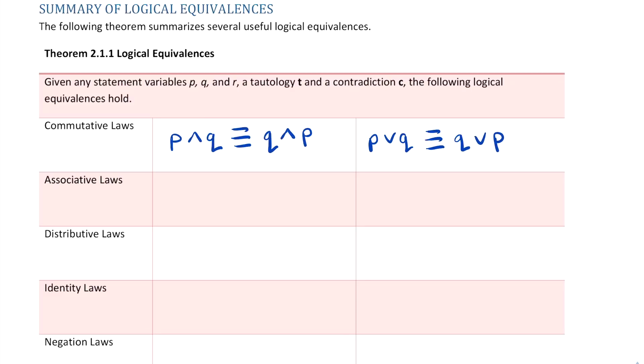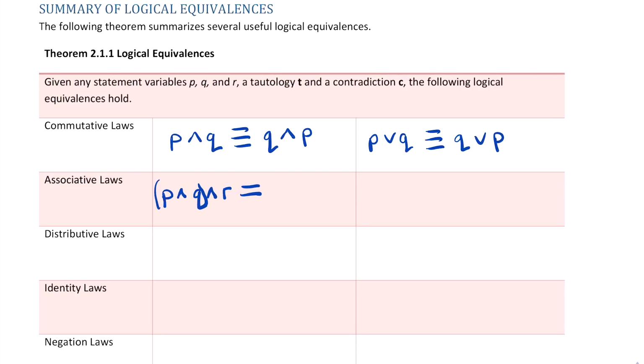So now if you've got 3 of these statement variables like P, Q, and R, right? And the same operation is between them. So this one is the conjunction, right? Remember, you've got to do 2 at a time or it doesn't make sense.